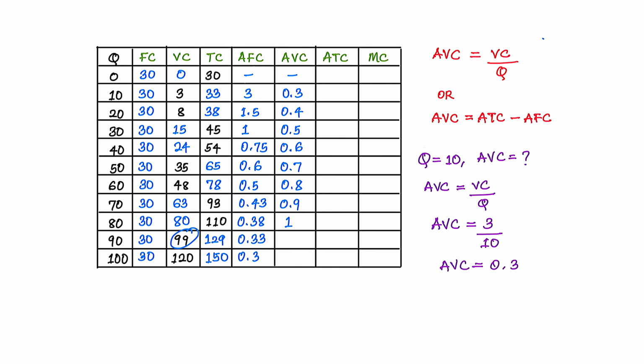Next, variable cost is 99 and the quantity is 90. 99 divided by 90 is 1.1. So average variable cost is 1.1. And lastly, the variable cost is 120 and the quantity is 100. So 120 divided by 100 is 1.2. So the average variable cost is 1.2. And this completes the column of the average variable cost.